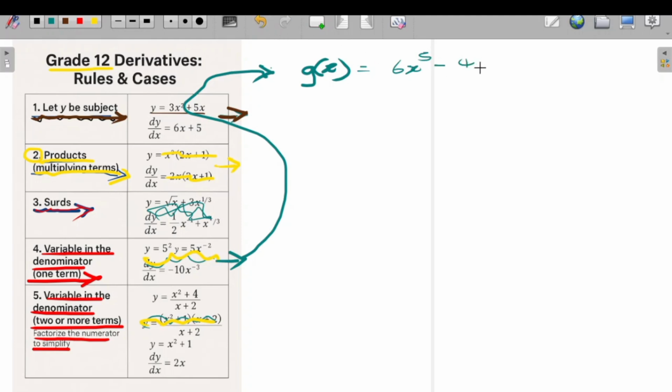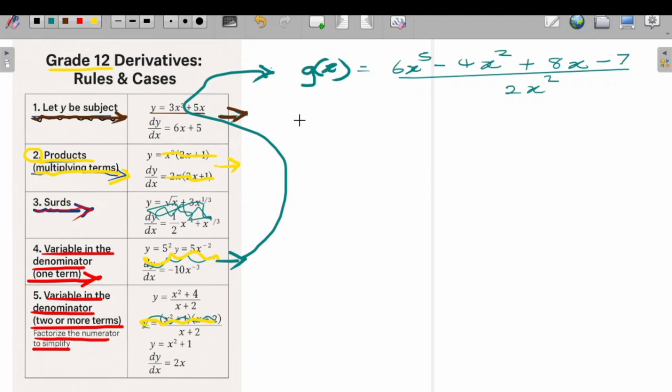If you want to go ahead and do it, you can just pause the video and try to solve it and see if our final answers are the same.